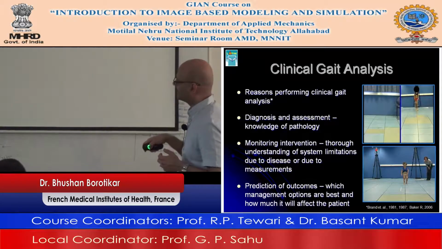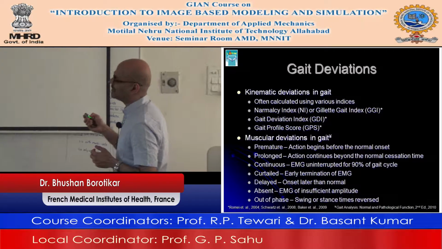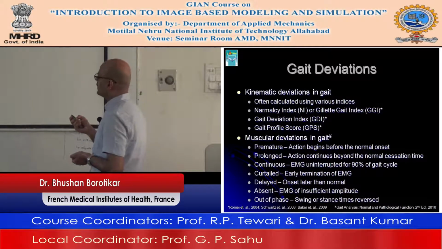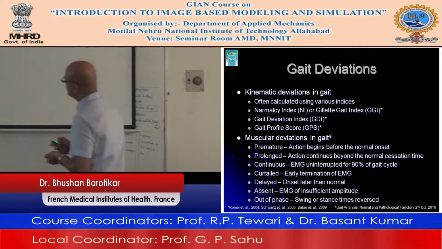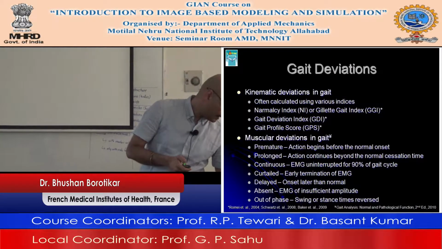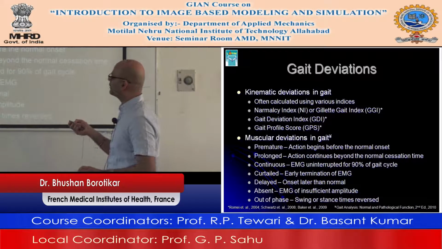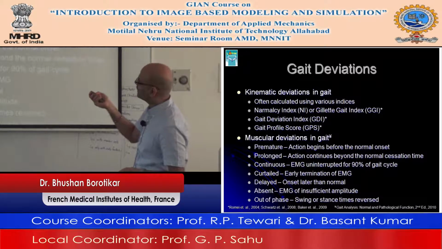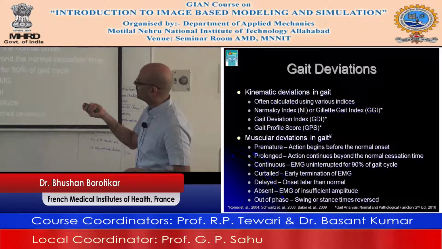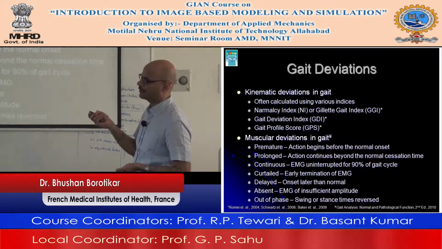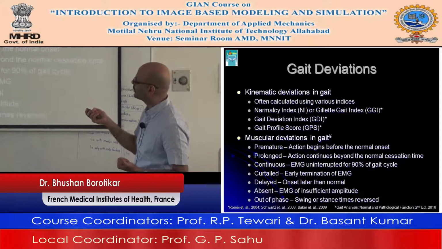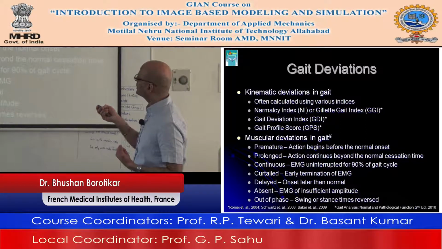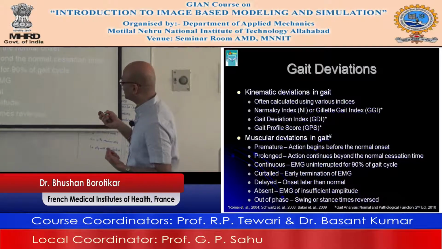In clinical gait analysis, we have gait deviations. There are kinematic gait deviations, and there are kinetic deviations. The kinematic gait deviations are measured in terms of a gait index.